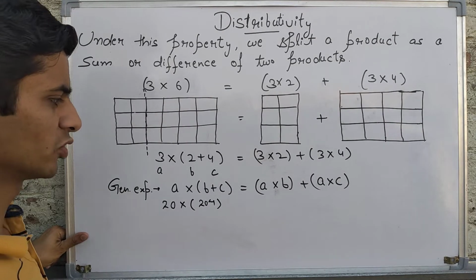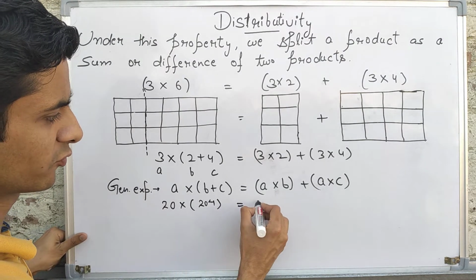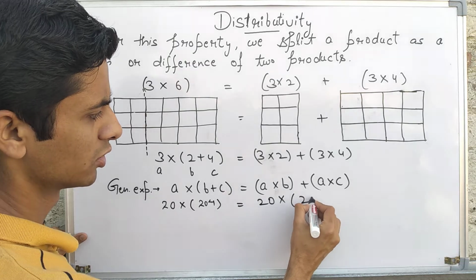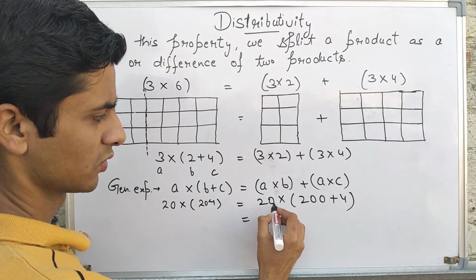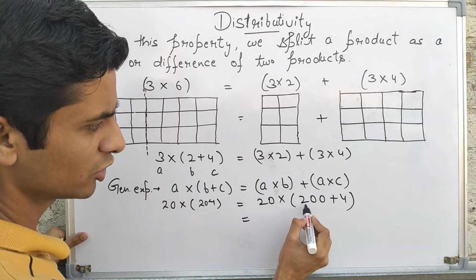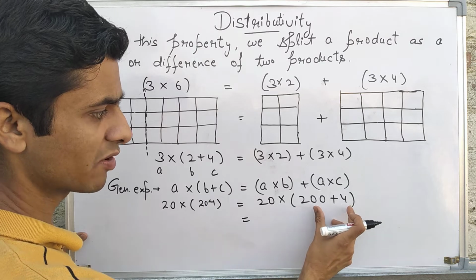But if you know the distributive property, you can split it. This 204 I can write as 20 into (200 plus 4). Now what this property says, A into (B plus C), this is one number multiplied by sum of two numbers.